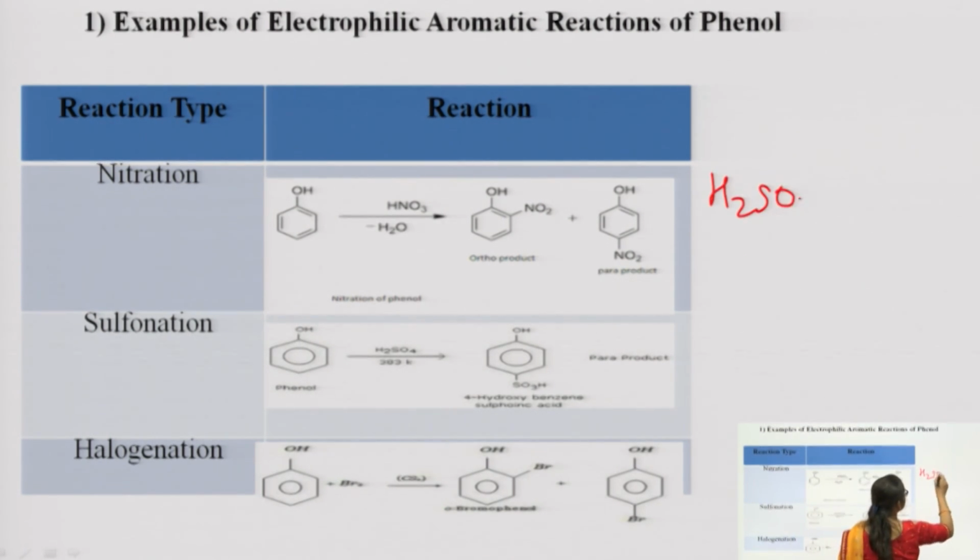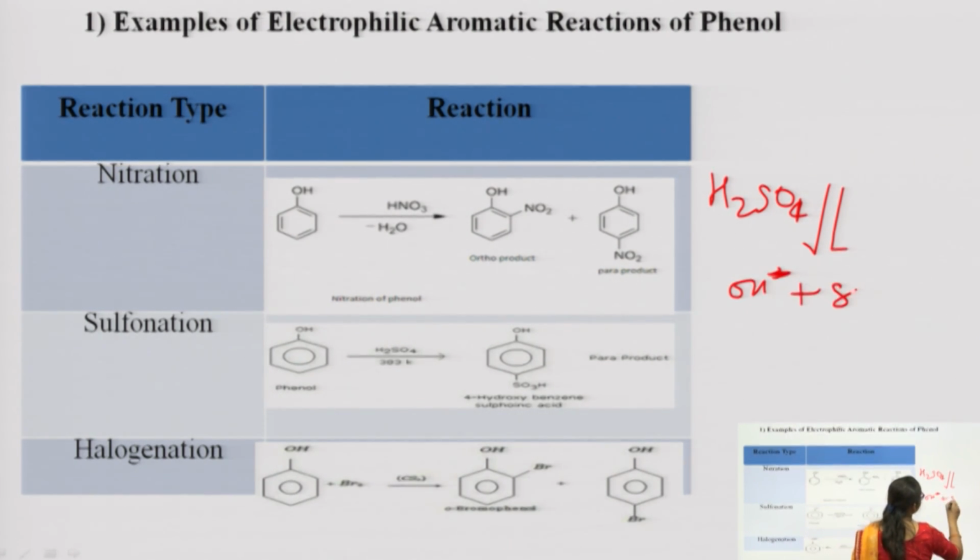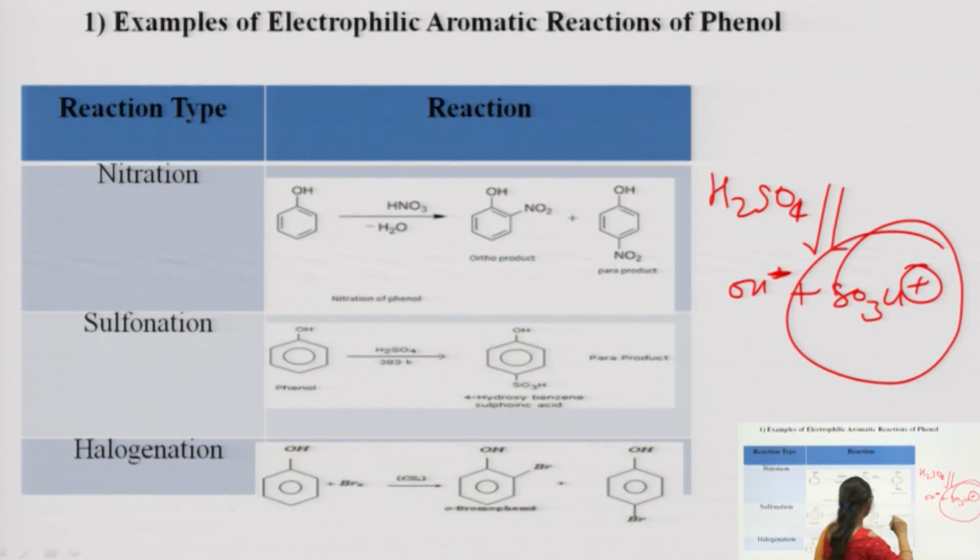H2SO4, right? This H2SO4 gets dissociated into OH minus plus SO3H plus. So this is an electrophile. This electrophile goes and binds to the para position. Now the question is, why is it not going to bind with the ortho?